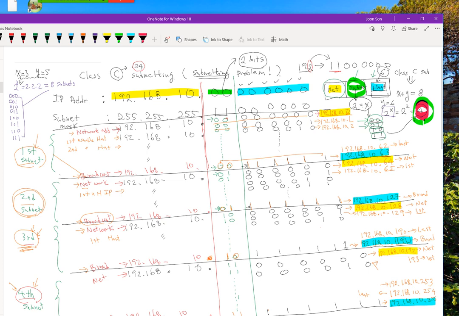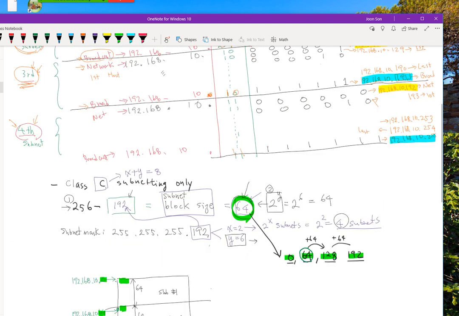If you can draw this while you're having an interview, you can definitely impress your future employer. If they ask you to explain subnetting, the first thing you should ask is whether they have a whiteboard and a marker. If you can draw this on the whiteboard, I'm sure you can impress your future employer.